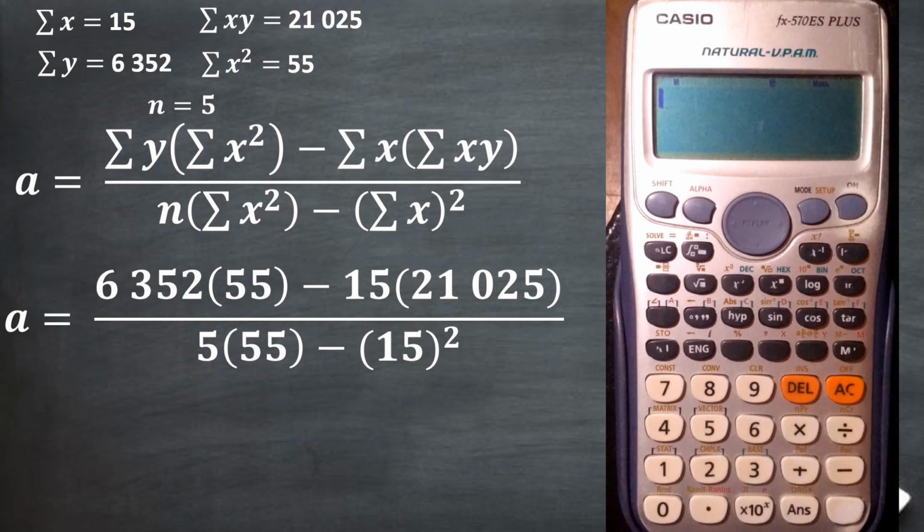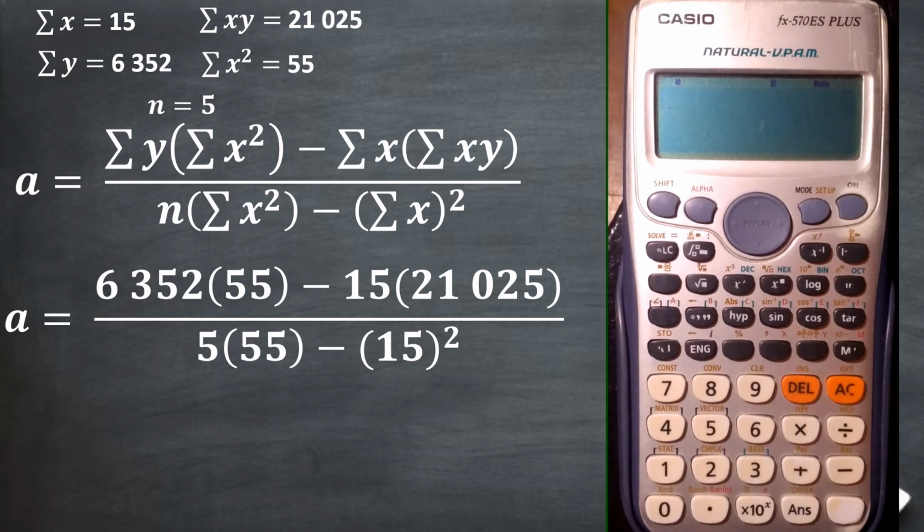So it will be hard for you to directly solve it in your calculator po. So I suggest you simplify the numerator first, and then simplify the denominator, and then to get the value of A, all you have to do is divide the numerator by the denominator po.